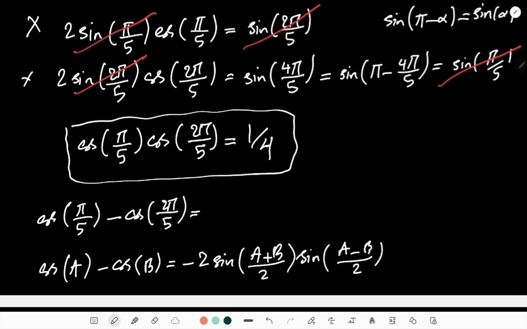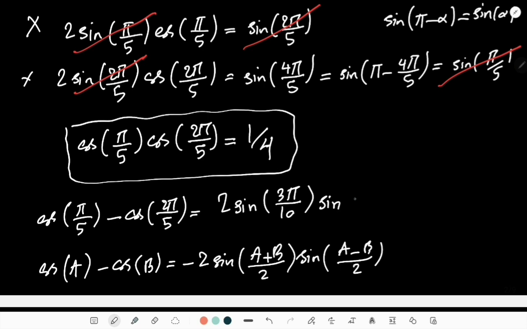So if I use this identity, then what do I get? So A minus B here is also negative, and then that minus here will disappear, just for you to know why I didn't write it. So this is basically 2 sine of their average, which is basically 3 pi over 10, and their difference.